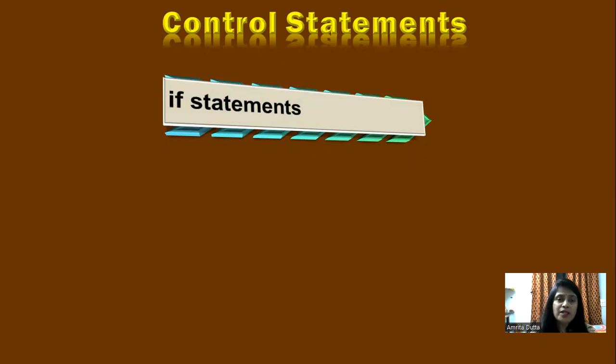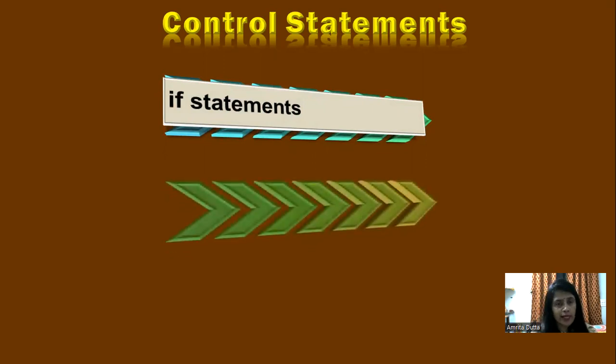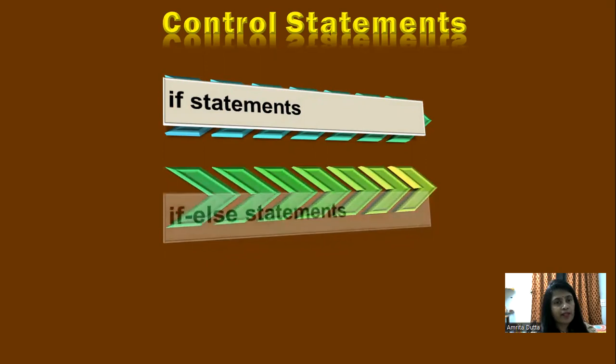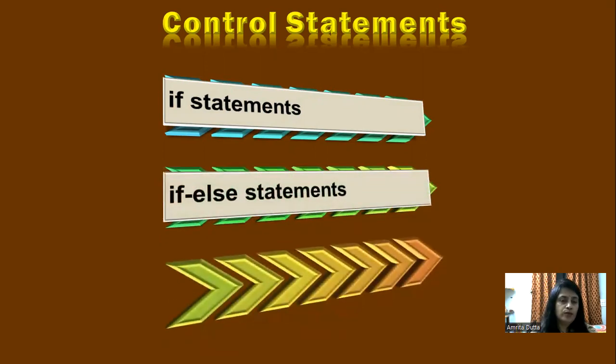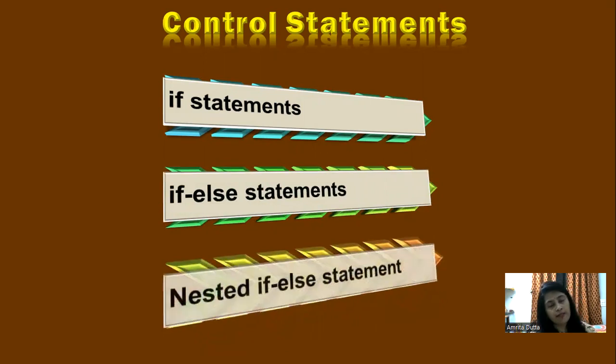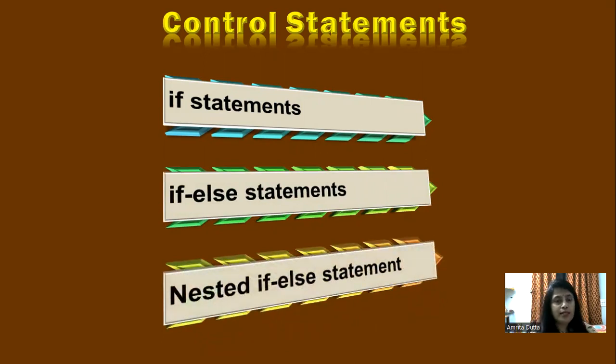One is the if statement. Second is the if-else statement. And then we can also use the nested if-else statement. We will see one by one what is if-else, and what is the nested if-else statement.